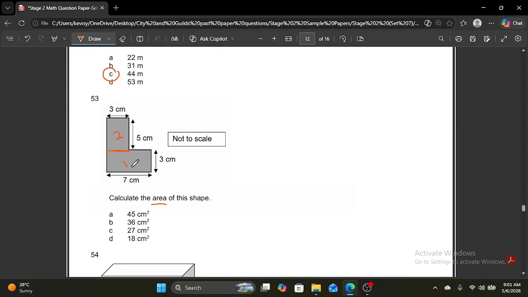What is the formula for finding the area of rectangles? That's length times width. Length times width. So for the first rectangle, that would be 3 times 7. 3 times 7 is equal to 21.